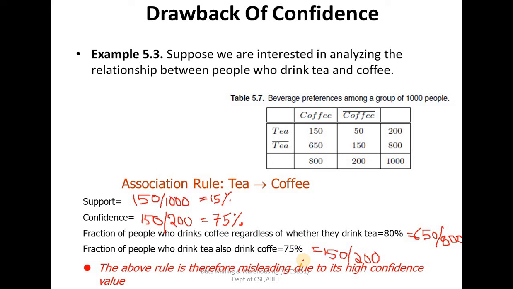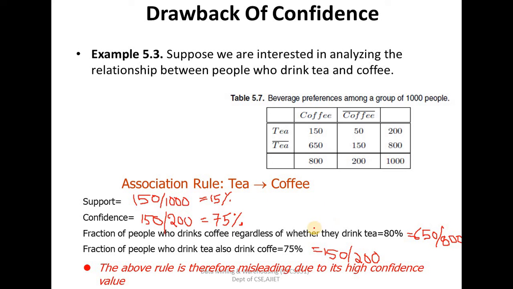Thus knowing that a person is a tea drinker actually decreases his probability of being a coffee drinker from 80% to 75%. Therefore, this rule, tea implies coffee, is misleading despite its high confidence value. Even though it has high confidence, it might be misleading.